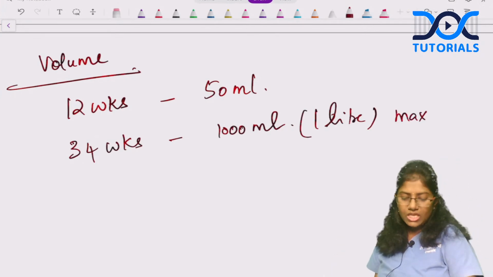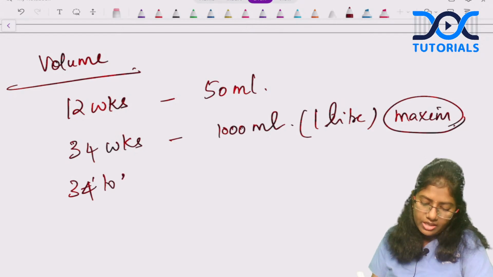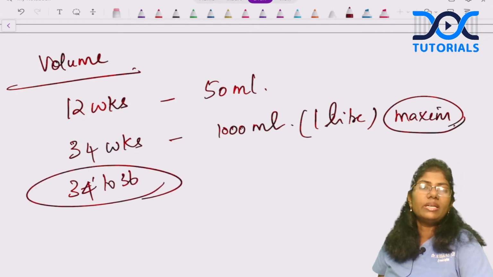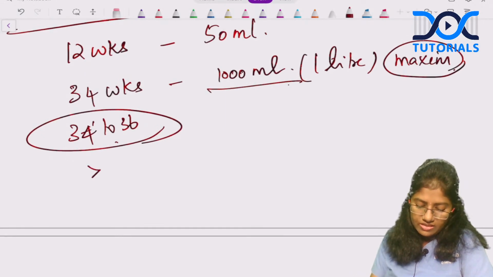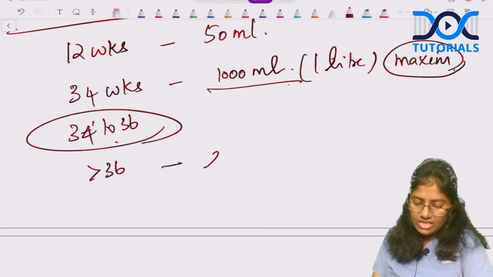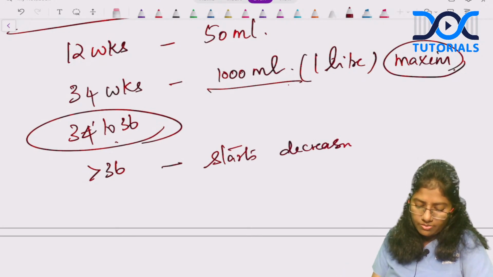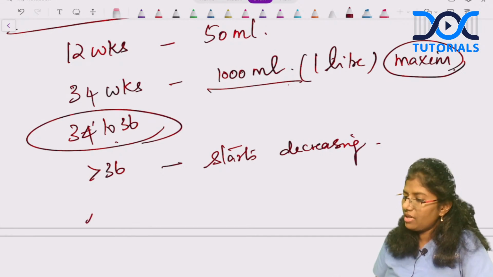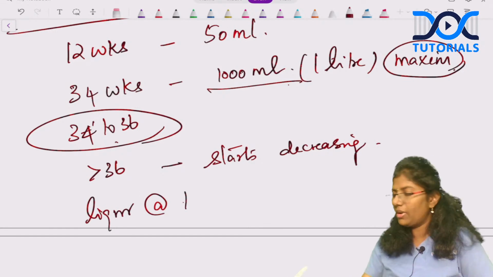From 34 to 36 weeks it maintains itself, and it starts decreasing after 36. So what is the liquor volume at term?